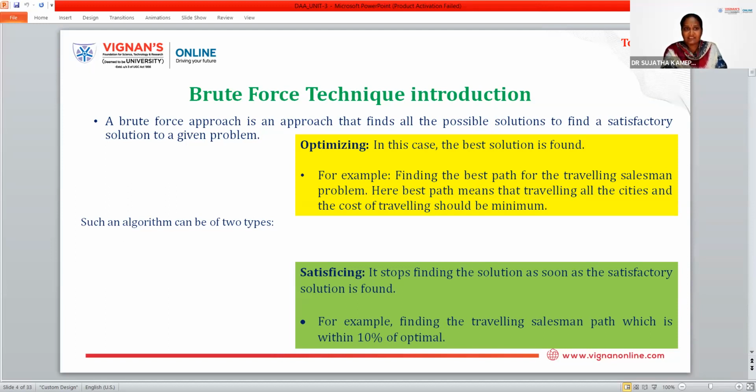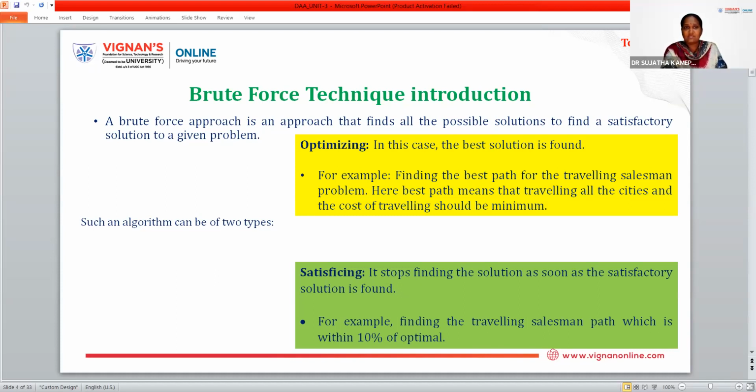The brute force algorithm can be of two types. Either it may be optimizing algorithm or it may be satisfying algorithm. Optimizing algorithm. In this case, the best solution is found.